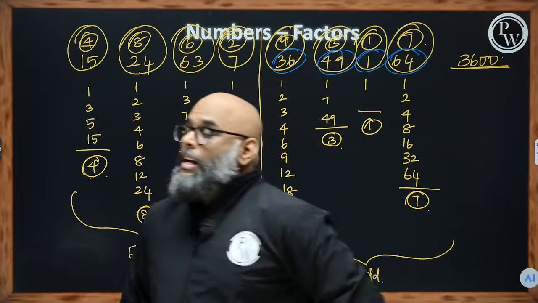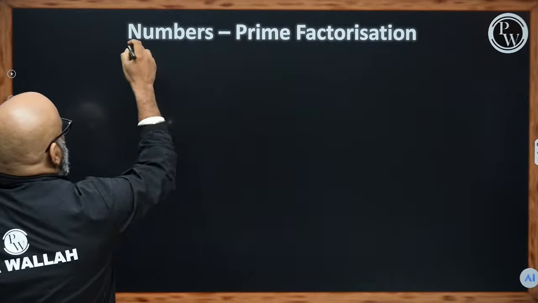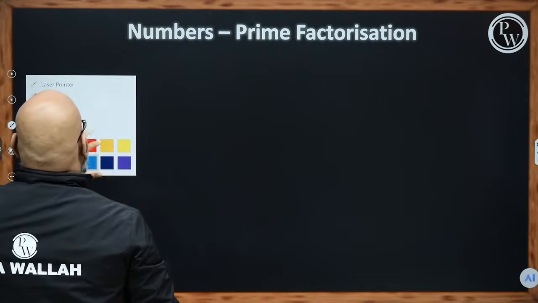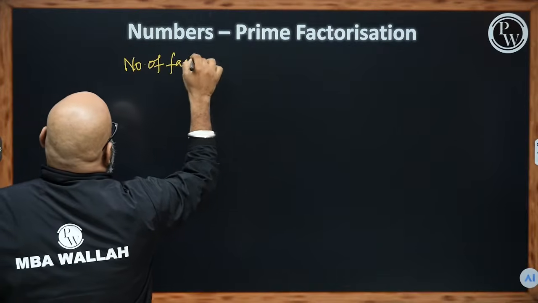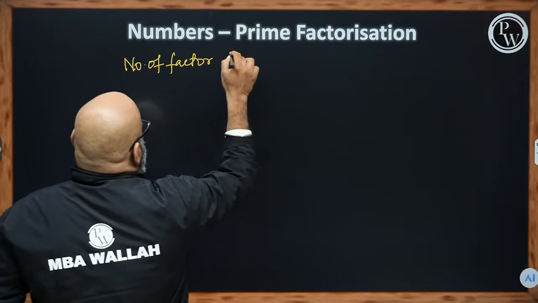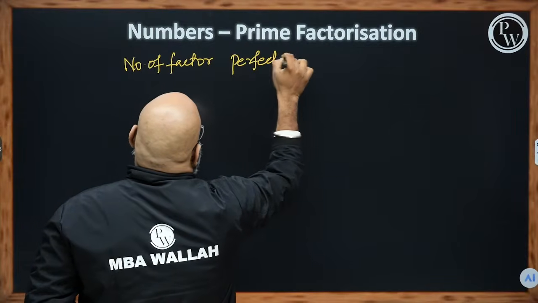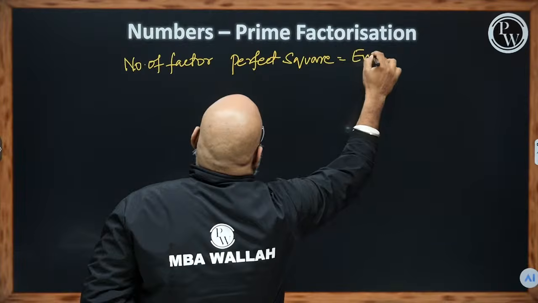With this, can we come to the conclusion that the number of factors for a perfect square will always be odd.